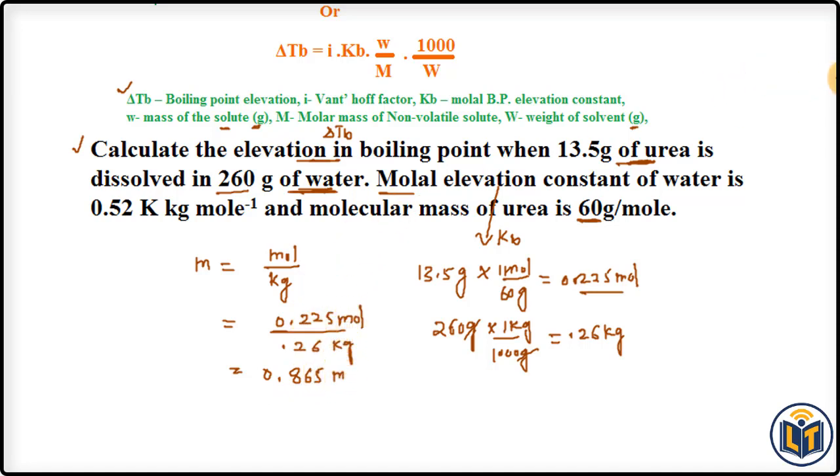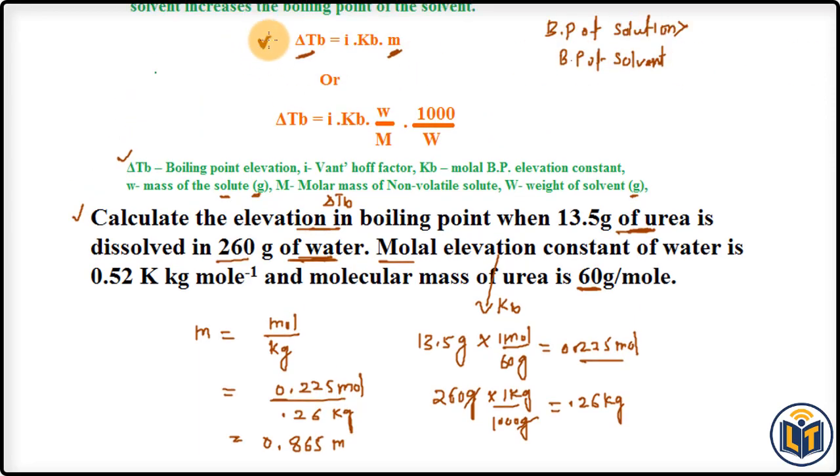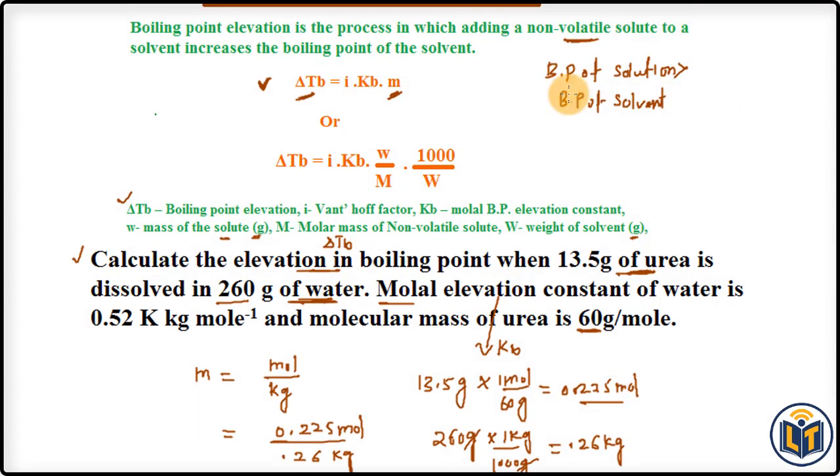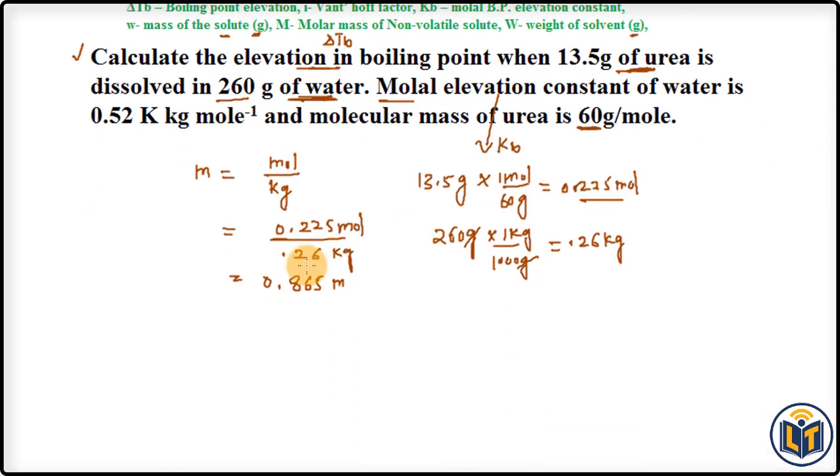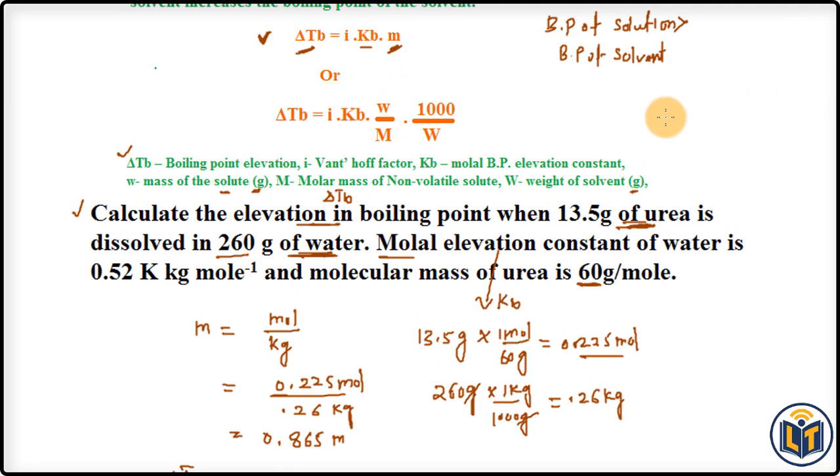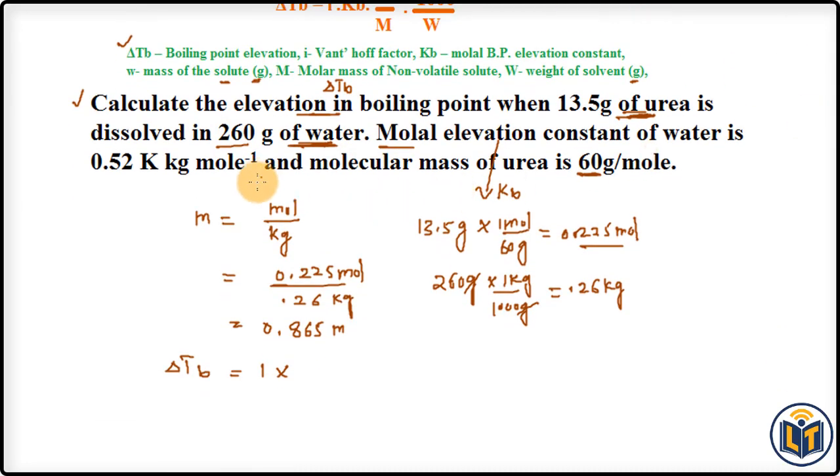Now we can apply the boiling point elevation formula. I write here delta Tb is equal to i. Urea is non-volatile, that's why the i value is going to be 1, multiplied by Kb. The Kb value is already given for the solvent.